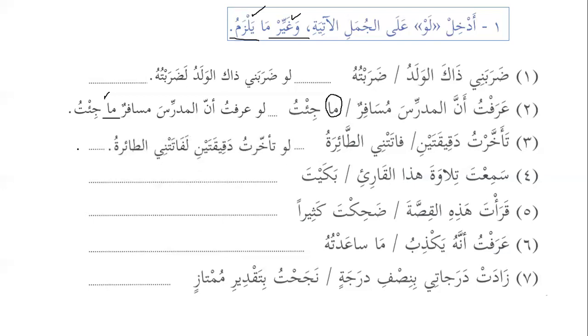So now we have to use la with that. Had I delayed for 2 minutes, I could have missed the plane. Fata yafutu basically means to die, but it is also used when you talk about missing something. When you miss something, you can use the verb fatani al-qitar, I missed the train, and inshallah we will see this in the coming part of the lesson.